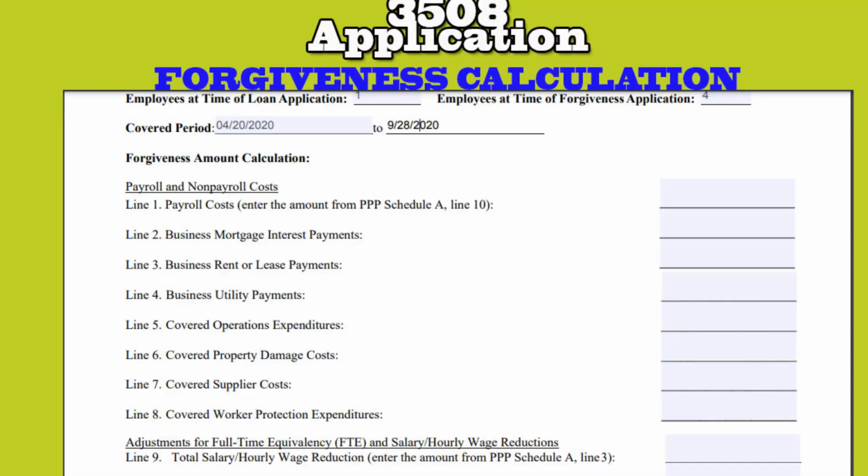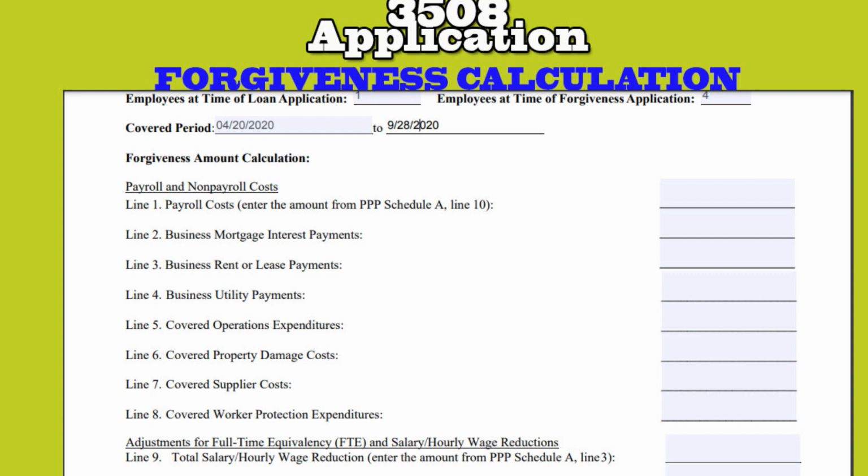Now, I know you see this section, forgiveness amount calculation. That's what you want to get to, right? Forgiveness amount calculation. Can't get to that point right now. No. Because if you read on the first line, my dear, you see what the first line says.